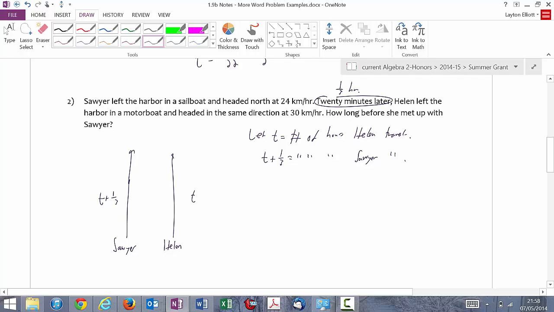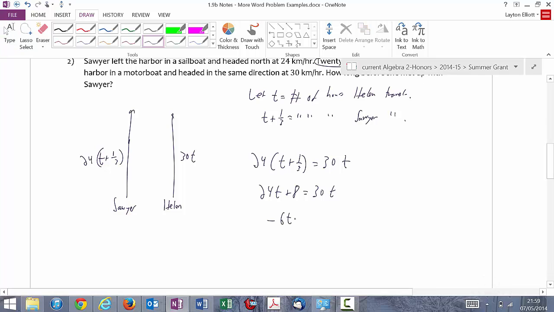And Sawyer goes 24 kilometers per hour, and Helen goes 30 kilometers per hour. And those two are going to be set equal. Motion in the same direction means we have the same distance. And I have 24t plus 8 is equal to 30t. Negative 6t is equal to negative 8. And t is equal to 4/3, or 1 1/3 hours.